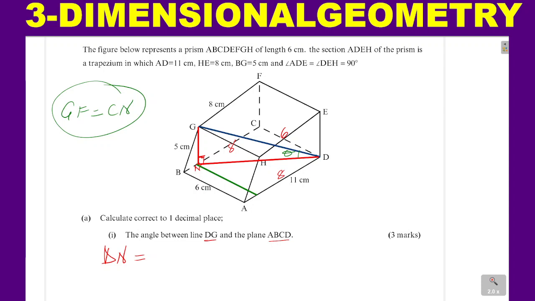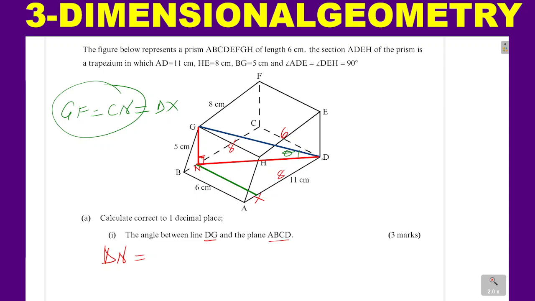I can name this point here as X. This one is also equivalent to DX. So GF is equivalent to CN, which is equivalent to DX, and that is 8.